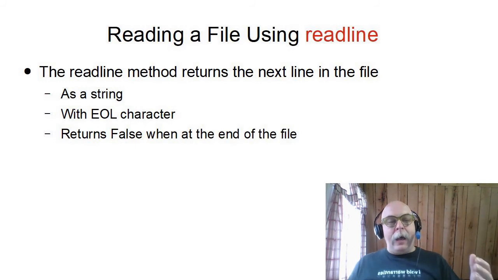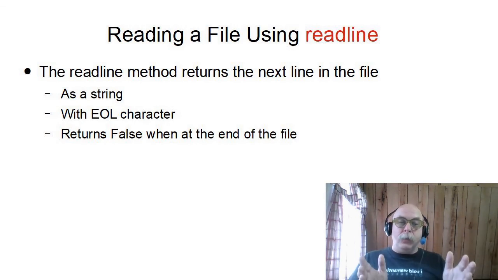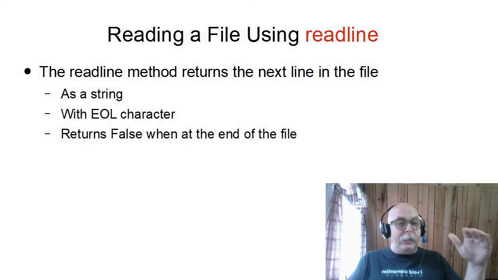The file object also has a method called readline, and what the readline method does is it reads one line. The readline returns the next line in the file. Because maybe you don't want to read all of the file. Maybe you just want to read a couple of lines from the beginning of the file. Maybe you want to read until you get to a certain point and then quit.